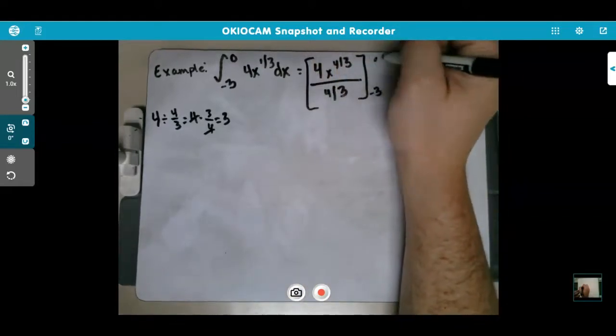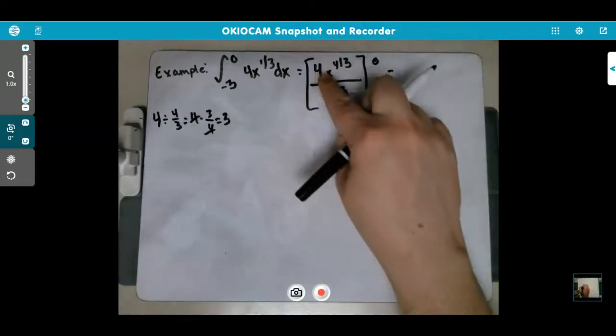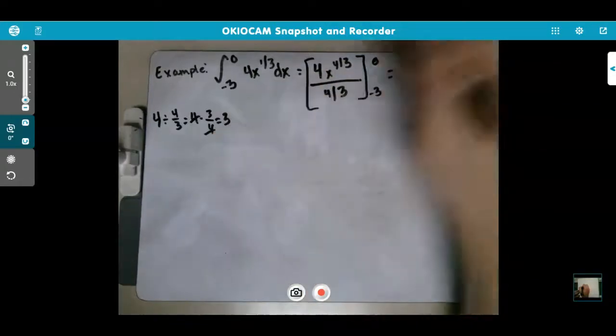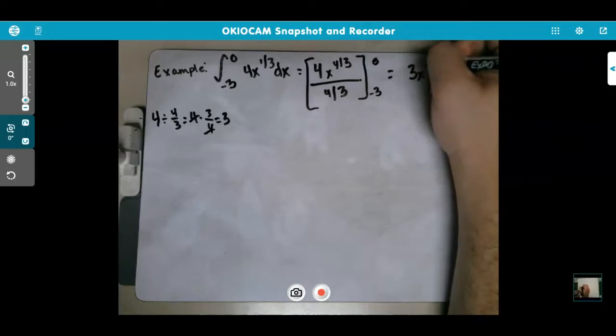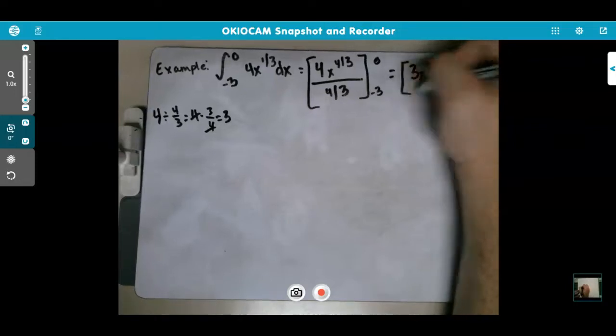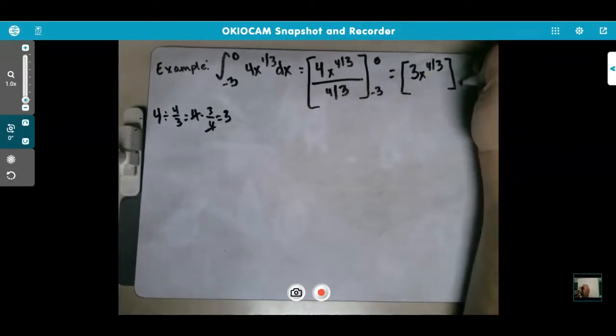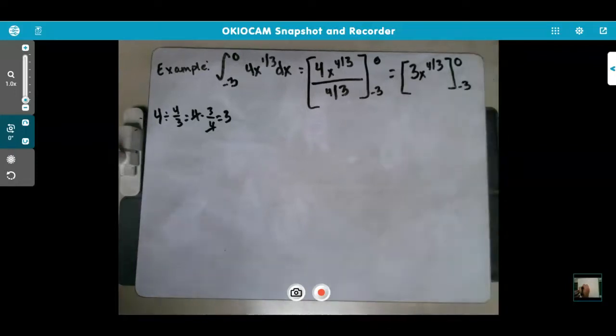Forgot to write this, but that's okay. So if I divide 4 by 4/3, that's just 3. So we get 3x to the 4/3, from -3 to 0.